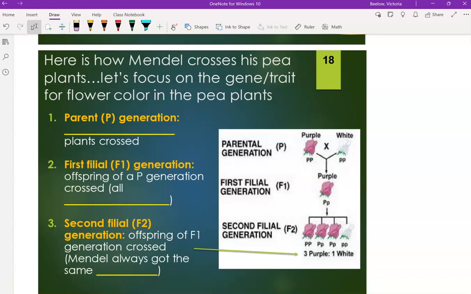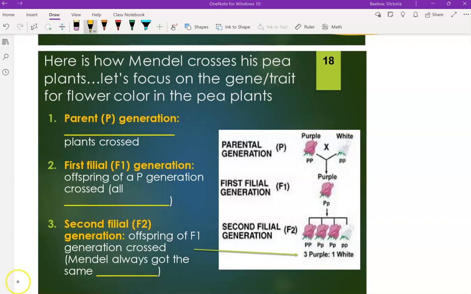He crossed two plants together in the first or parent generation. They are homozygous. He's using the letter P to represent this allele, which is flower color in a pea plant, which can be purple or white. So in that first generation, he did a capital P, and he crossed it with a little p.